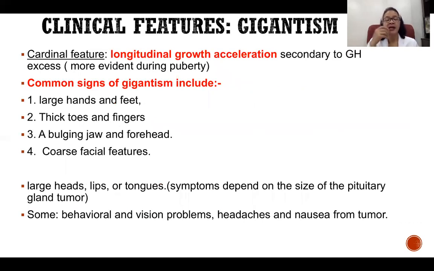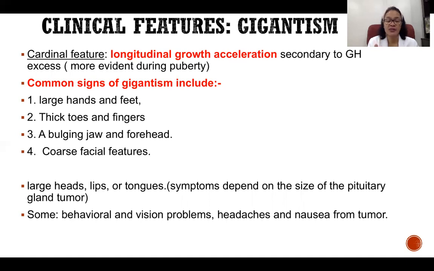So what could be the manifestations or clinical features of patients with gigantism? The cardinal feature, of course, is longitudinal growth acceleration secondary to growth hormone excess, and this is very evident during puberty. The common signs also include large hands and feet, very thick toes and fingers, bulging of the jaw and forehead, and very coarse facial features.